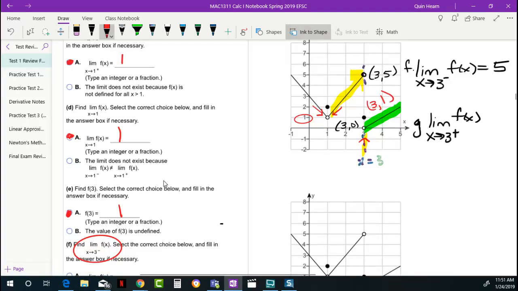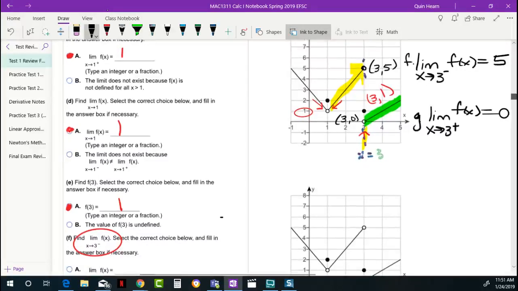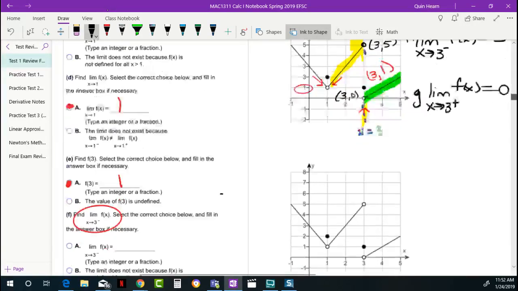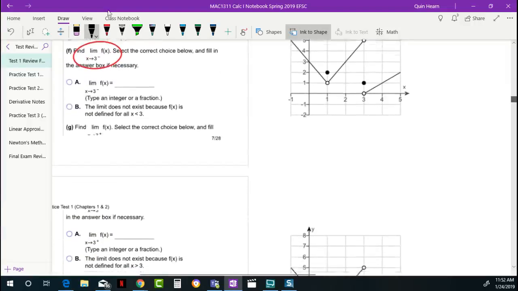And near it, its trajectory is to head towards 0. So the limit as x approaches 3 from the right is actually 0. So you can see that the limit from the left in this particular case was 5, the limit from the right was 0, and then the actual function value was 1. They were all different.